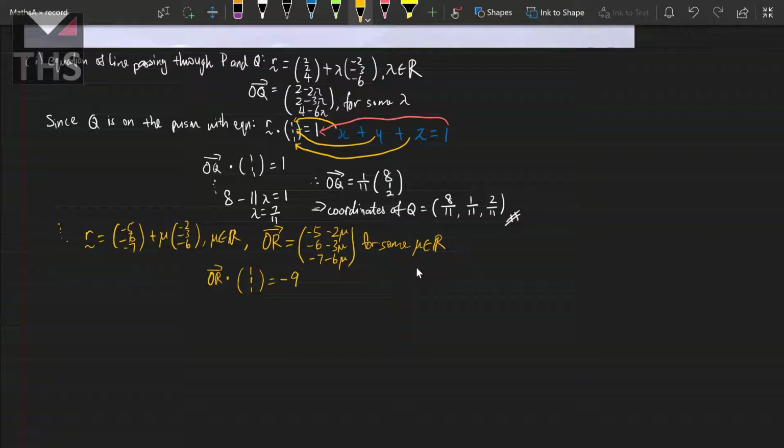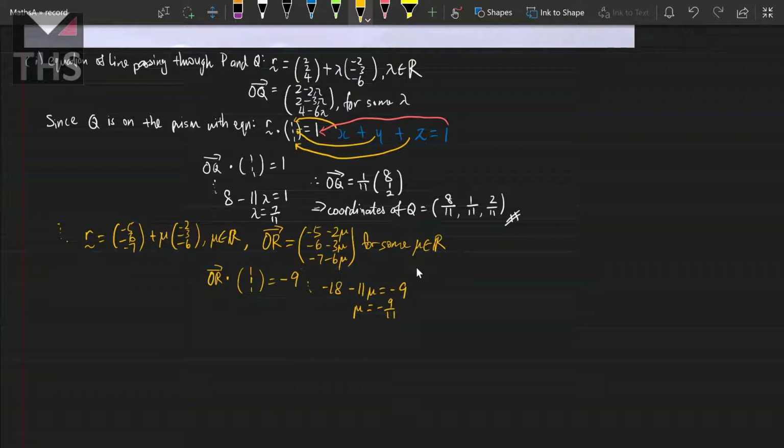You substitute this entire thing into this, then you do the dot product correctly, and you get negative 18 minus 11 mu equals negative 9. Mu ends up as negative 9 over 11.